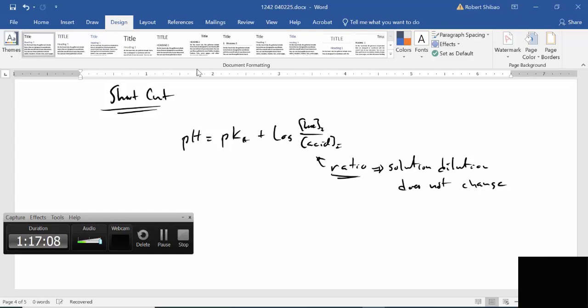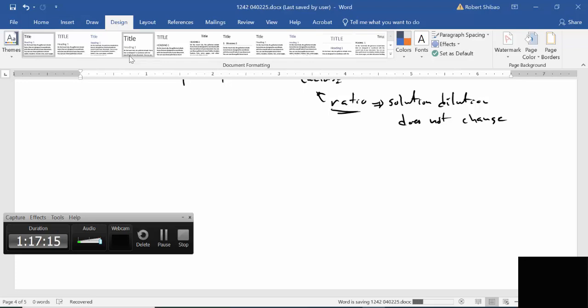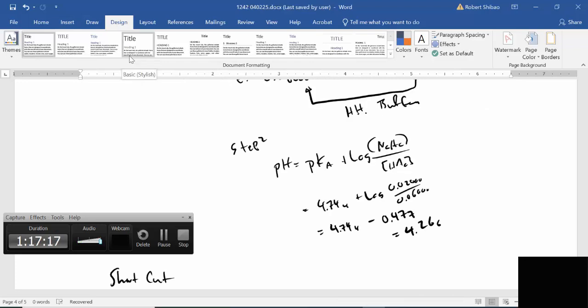Since solution dilution does not impact it, we have a nice shortcut method for determining the pH. And the nice shortcut method goes like this.